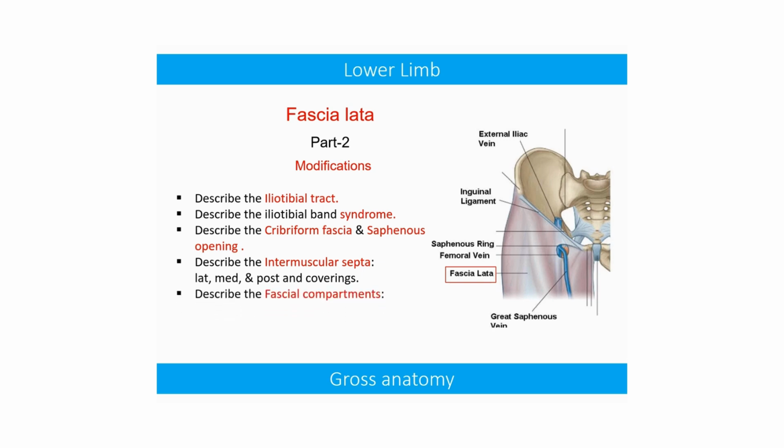Describe the fascial compartments, that is anterior, medial, and posterior, their formation and functions. And finally, should be able to describe the thigh compression syndrome regarding its signs, symptoms, causes, and treatment.